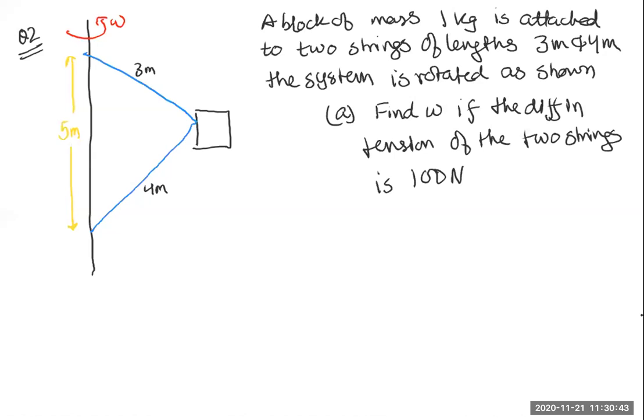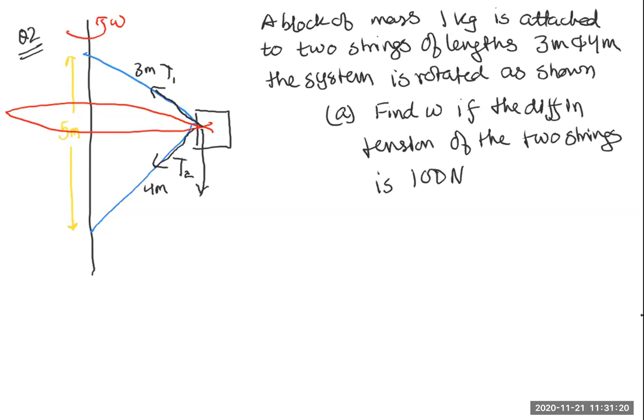So first, where is the circle? And the circle must be here. This. Then the FBD: there will be some tension here. There will be some tension here. And there will be an mg here.